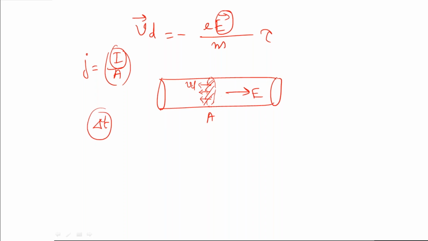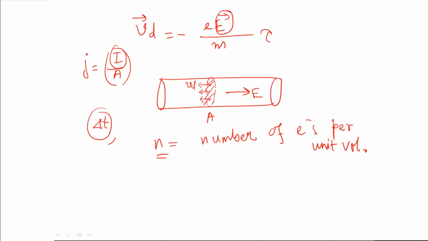Suppose n is the number density, or number of electrons per unit volume.